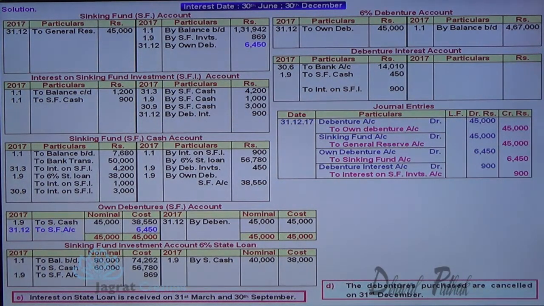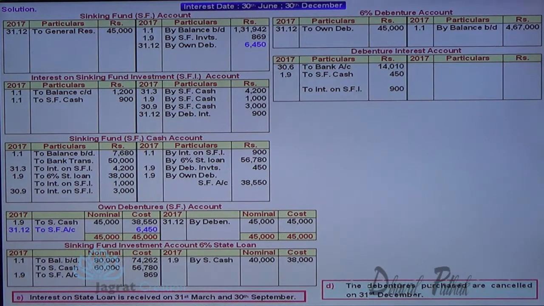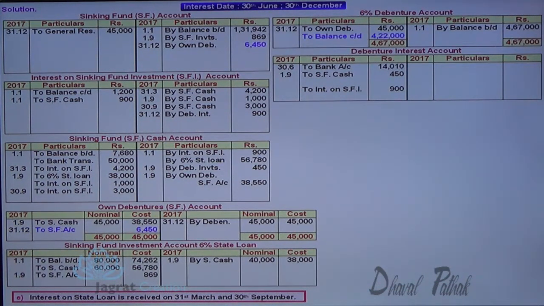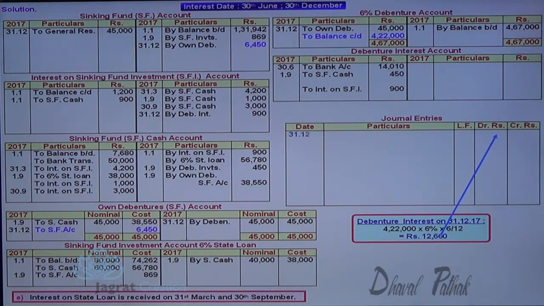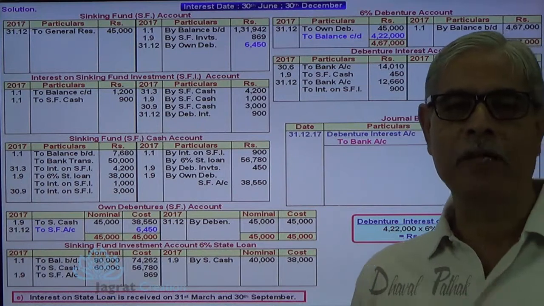Now you are required to pay debenture interest to the outsiders, 4,22,000. So 4,22,000 into 6% into 6 by 12, 12,660. Debenture interest account debit to bank account, debenture interest is paid. Now every year, what amount is transferred to sinking fund?